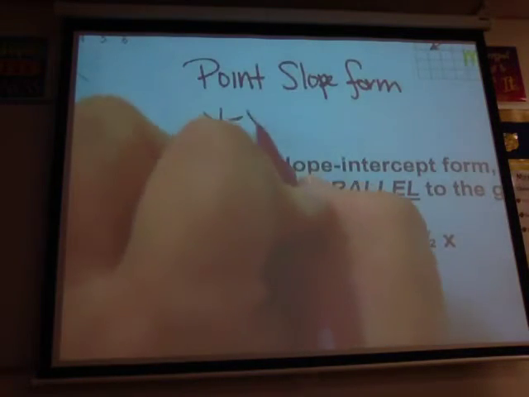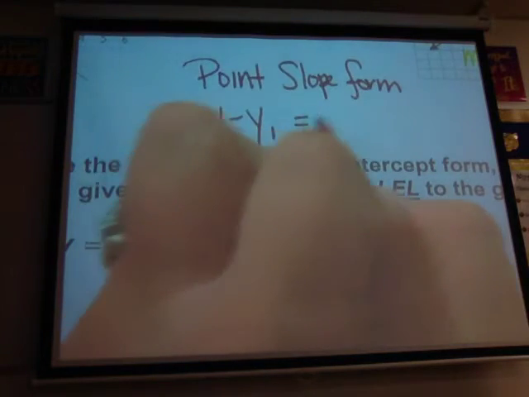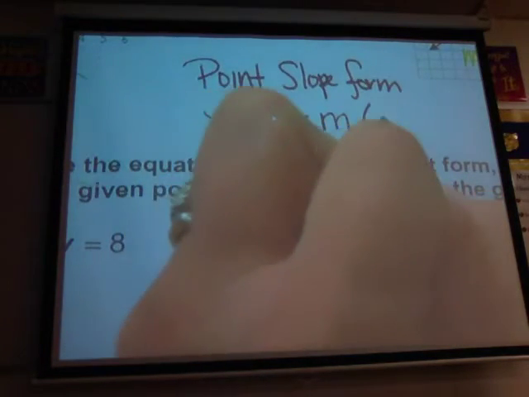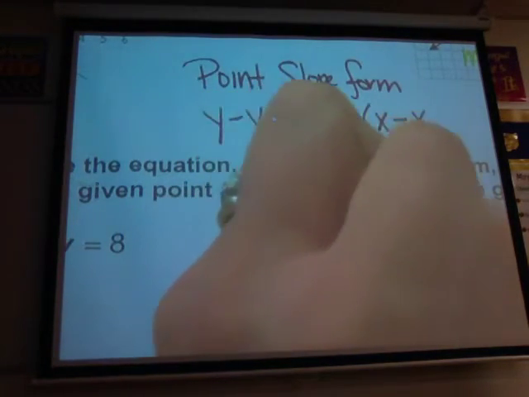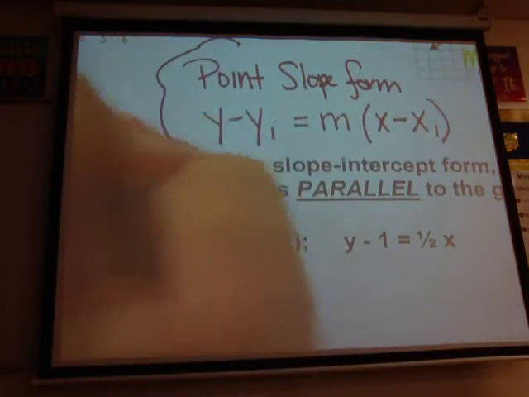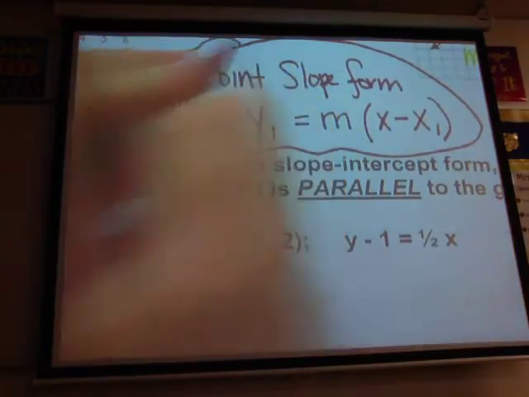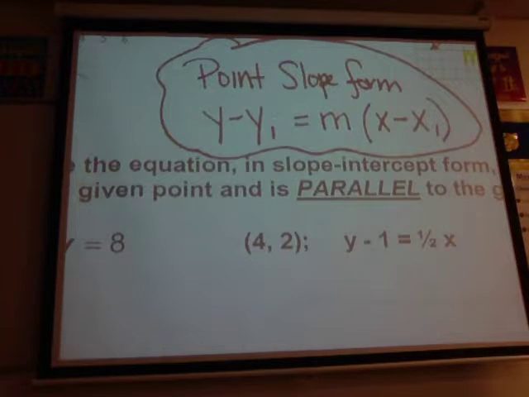It's y minus your y1 equals your slope times x minus x1. Sweet.